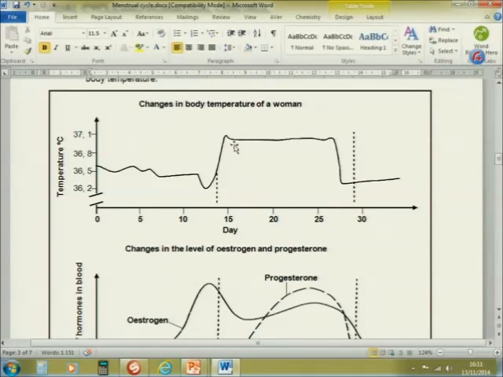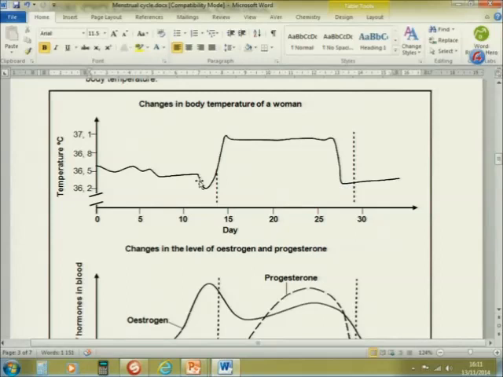The temperature was high after day 14 or day 15, at 37.1 degrees, and it decreased up until 36.2 on day 27 or day 28.